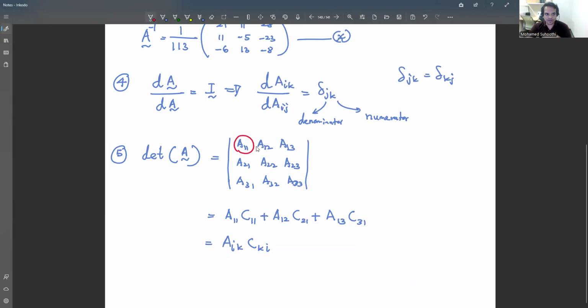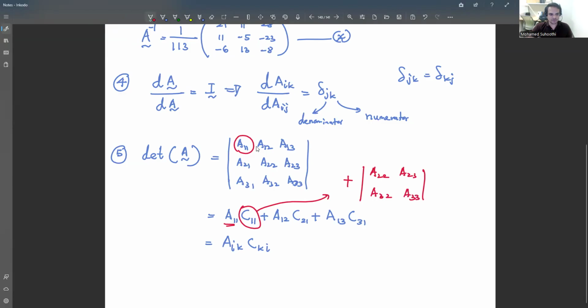When I differentiate, A11 is here, and the balance part is C11. So this C11 is independent of A11, because within this cofactor matrix, which has the plus cofactor sign, we have A22, A23, A32, A33, right?